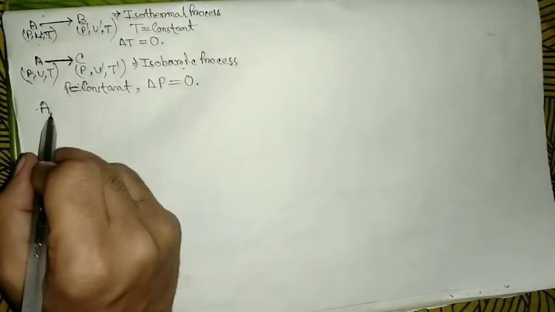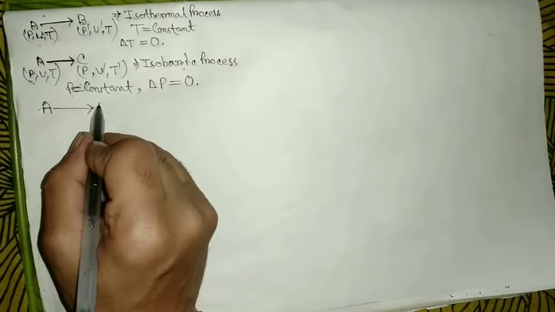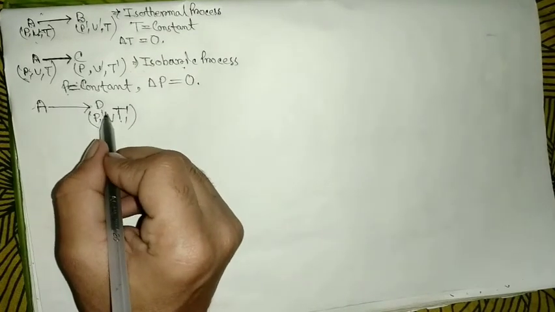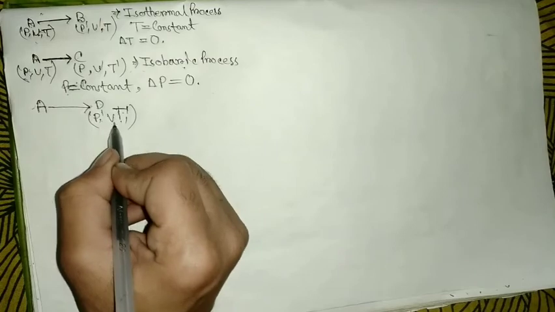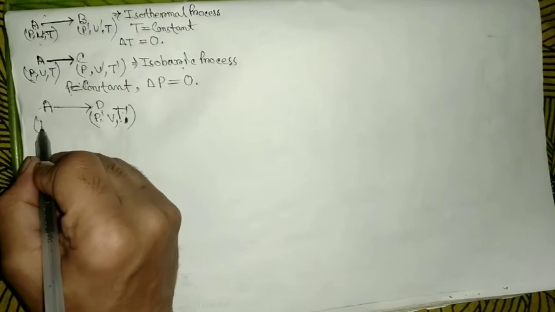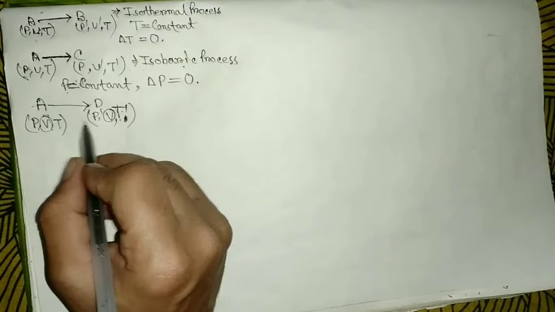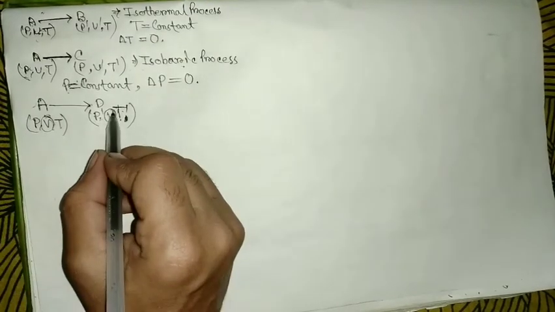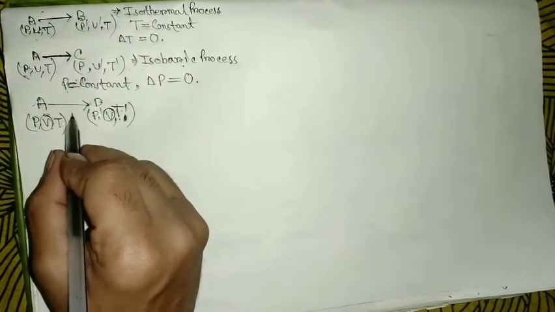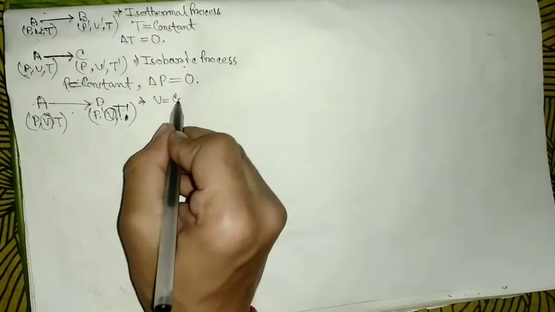And if we apply another type of process on system A, let's say system A becomes system D, and system D's variables are P dash, T dash and V, and A's variables were P, V and T. So we can see that volume is the quantity that is same for both system A and system D. So by performing this type of process, the volume is a constant quantity.